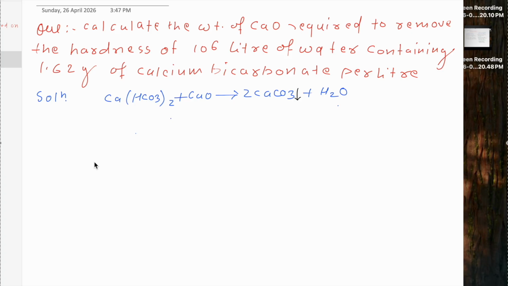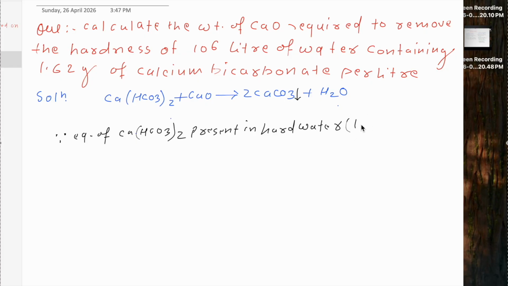So right here, we will find the equivalent of calcium bicarbonate, Ca(HCO3)2, present in the hard water in 1 liter.